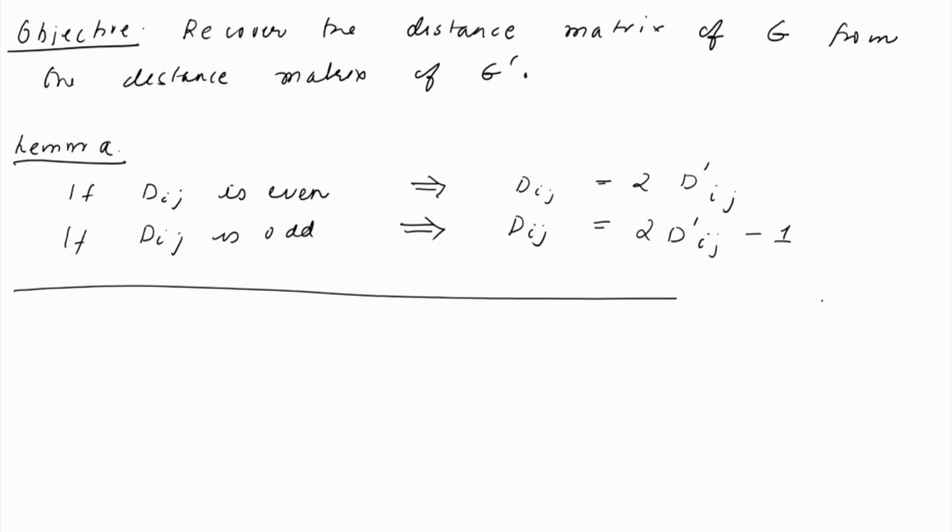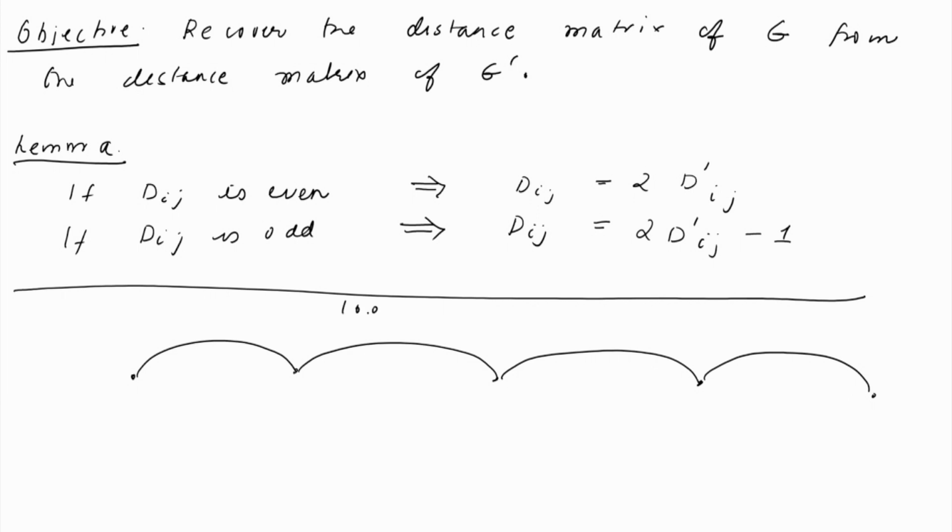Okay. So, let us see, but this is an easy statement. Why is this true? So, let us look at any path. If this path was of length 100 and this is a path in G, automatically you can skip one vertex when you are traversing these in G prime, okay, because there is an edge from let us say A1 to A3 and A3 to A5 and so on.